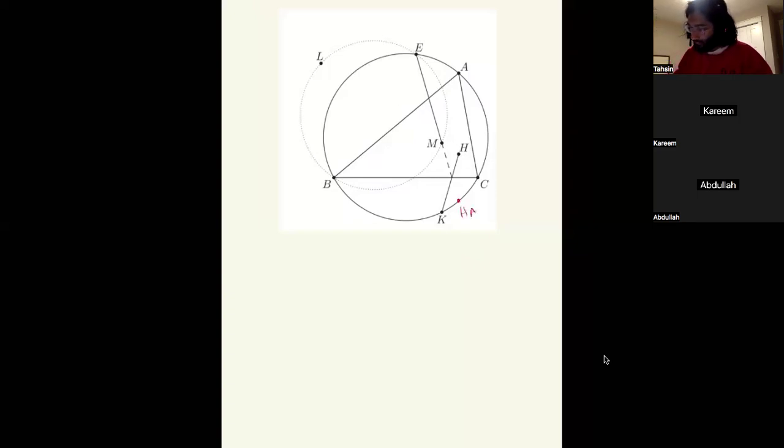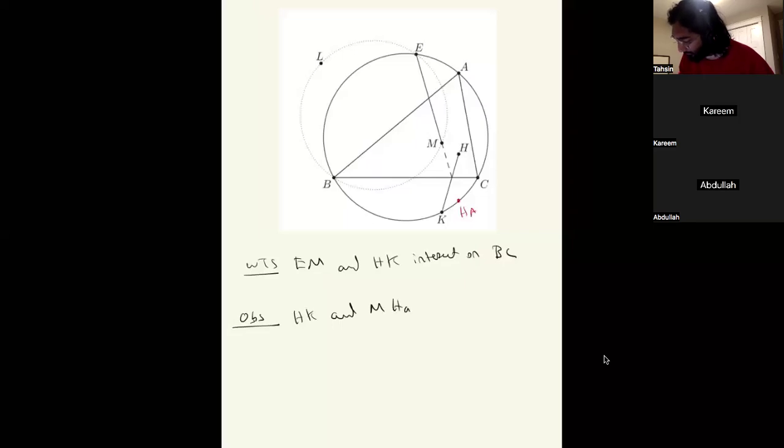Okay, and so the first observation is that what we want to show is that EM and HK intersect on BC. So the observation is that HK and MHA intersect on BC.